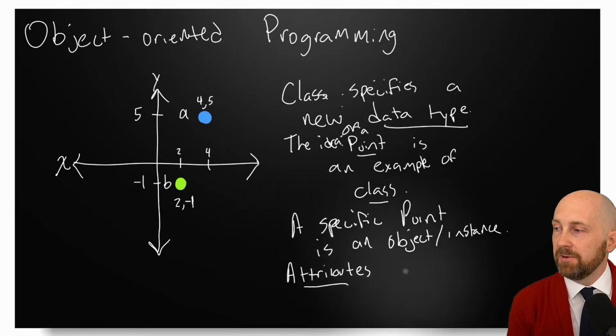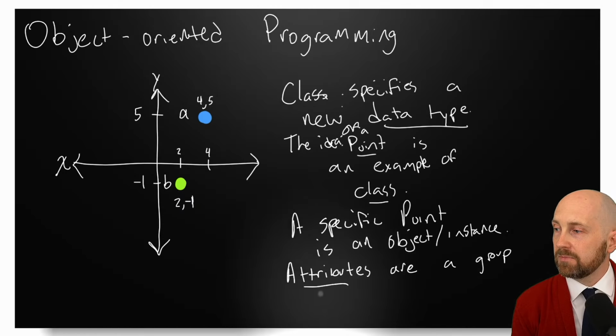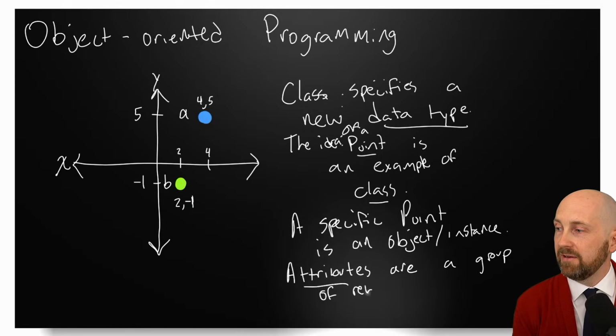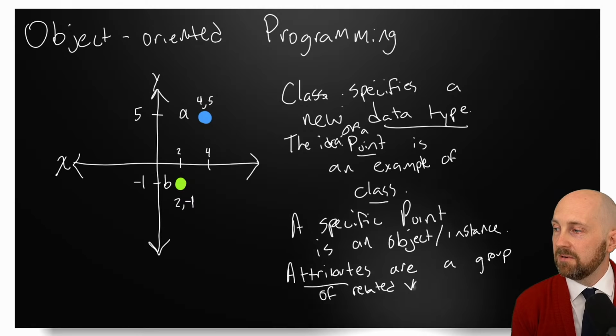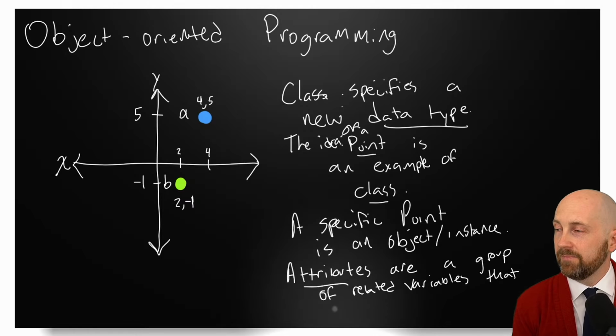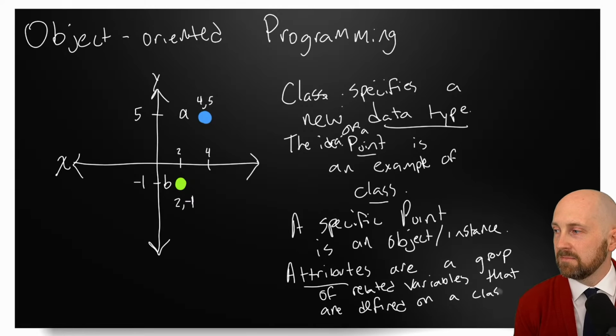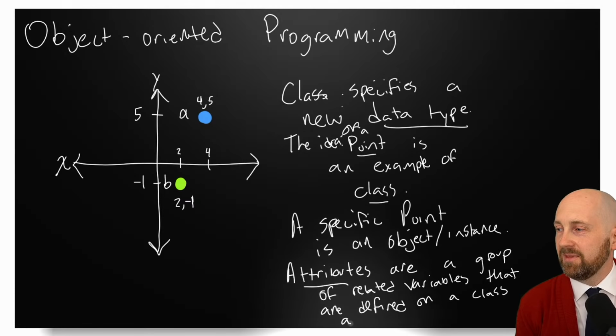Attributes are a group of related variables that make up a class, that are defined on a class, and make up an object. And this distinction we'll talk about in just a moment.